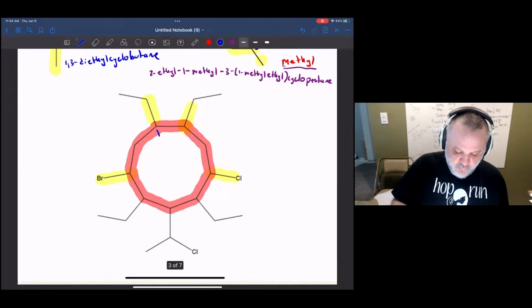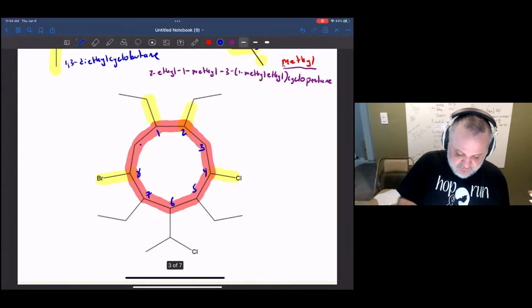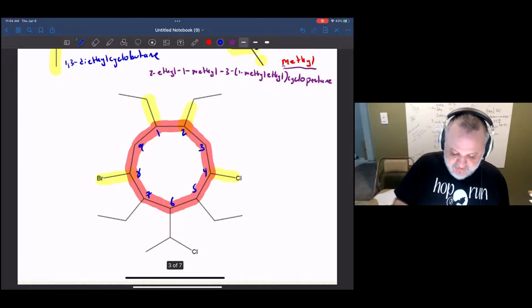So I can have 1, 2, 3, 4, 5, 6, 7, 8, 9, in which case that set would be 1, 2, 4, 5, 6, 7, 8. That would be my set of substituents.